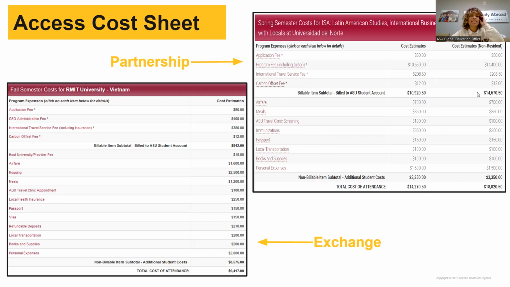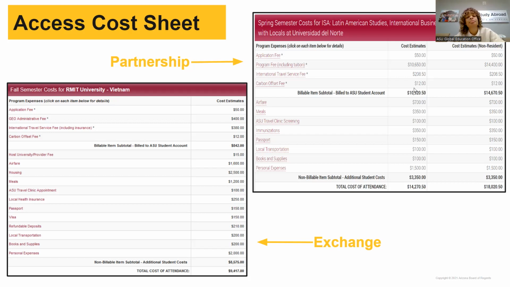Something to keep in mind as you're looking at this is to really think about where you want more of the financial burden. So if you have a lot of scholarships that go straight to your ASU account, I suggest taking more of the financial burden on your billable subtotal.